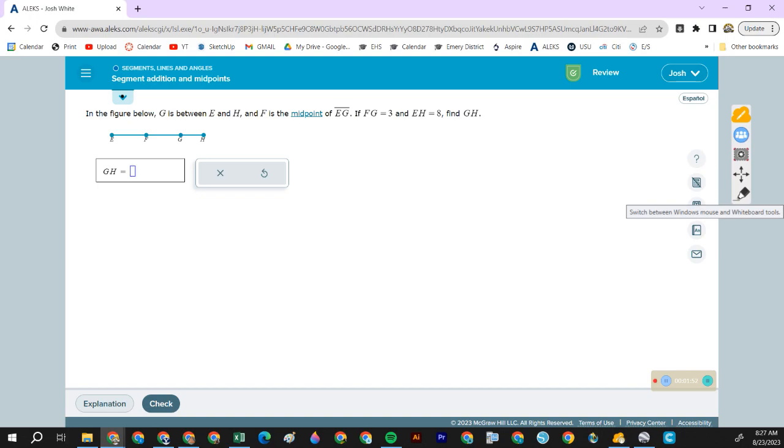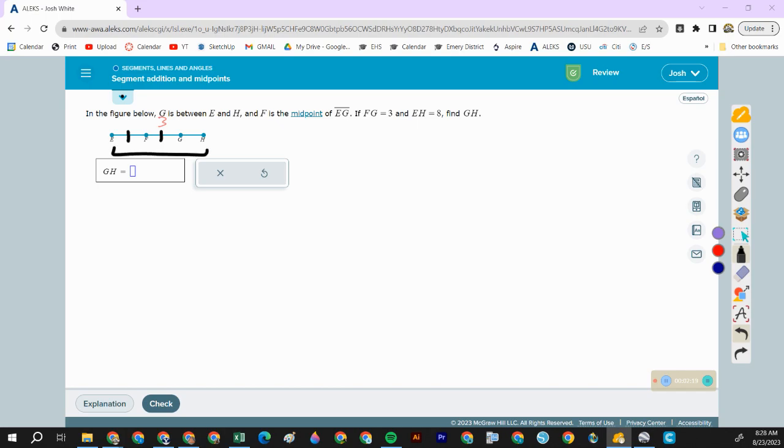So in the figure below, G is between E and H, and F is the midpoint of EG. So we know that F is halfway between EG, so this segment and this segment are the same length. And FG is 3, and EH, so this distance here is 8.